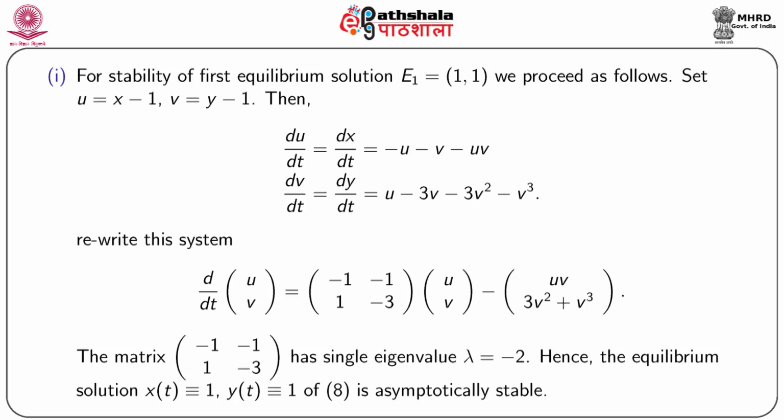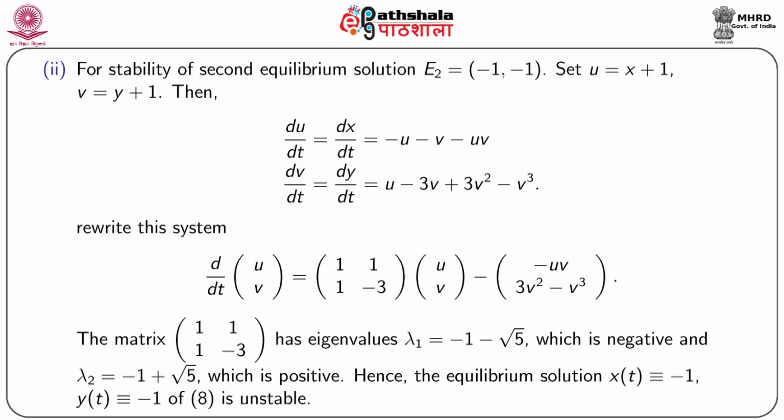The Jacobian matrix [minus 1, minus 1; 1, minus 3] has a single eigenvalue at lambda equal to minus 2, and hence we conclude that the equilibrium solution x(t) equal to 1 and y(t) equal to 1 of 8 is asymptotically stable.